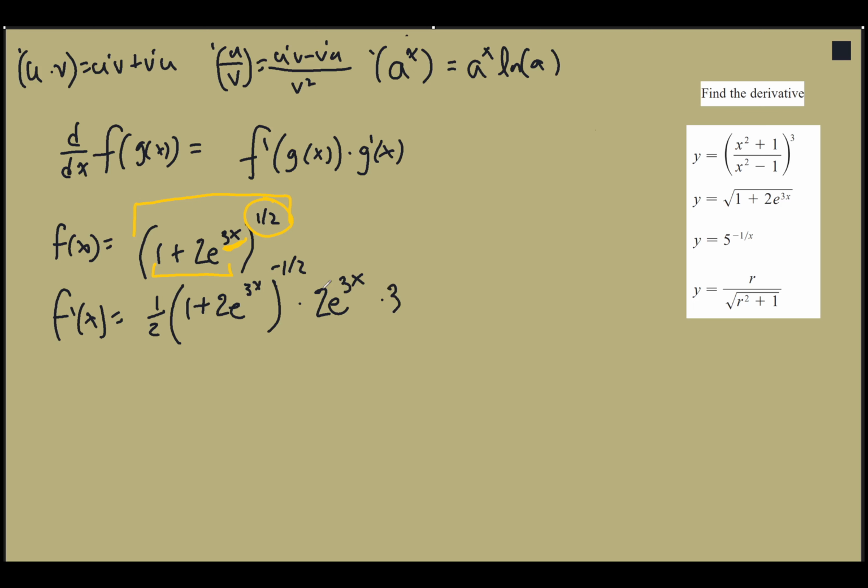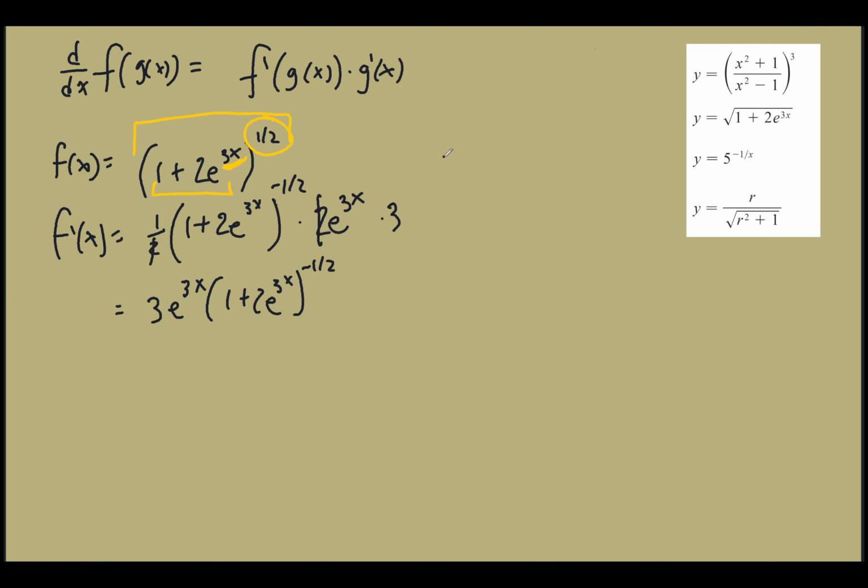So this 2 and this 2 will cancel, and we're going to get 3e to the 3x times 1 plus 2e to the 3x to the negative 1/2. Now we'll rewrite it back into math teacher happy look, which is 3e to the 3x over the square root. Negative 1/2 means put it on the bottom and make it a square root.